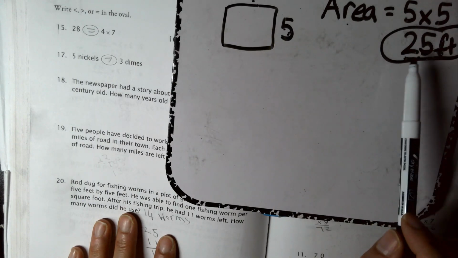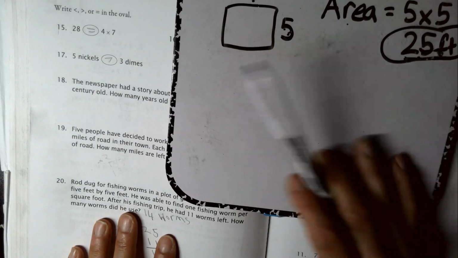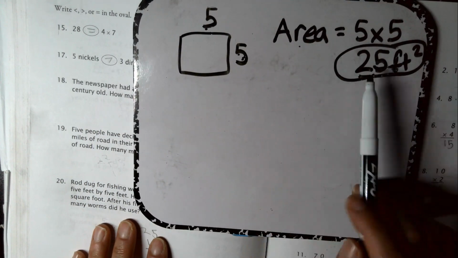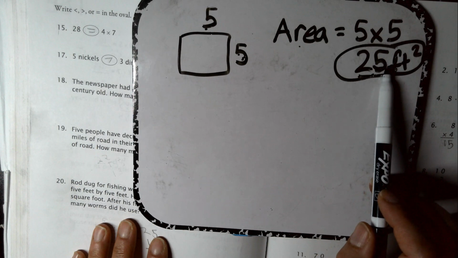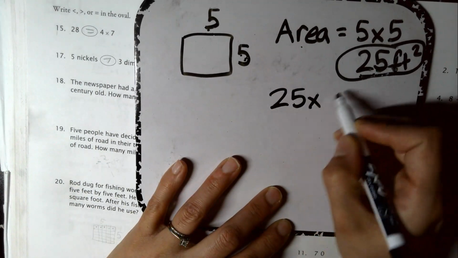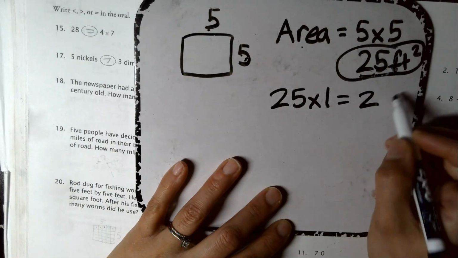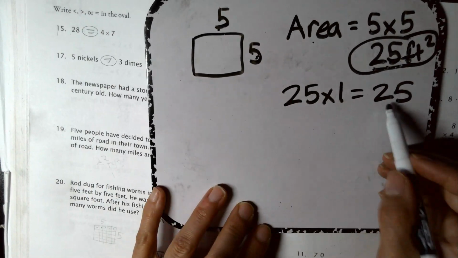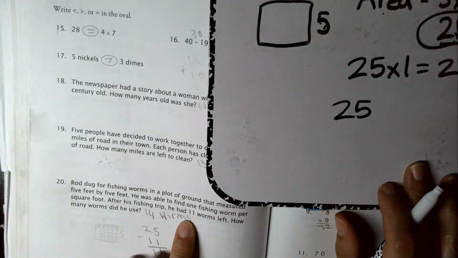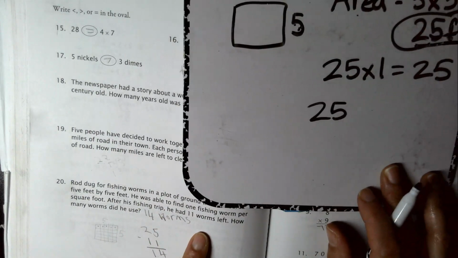So now we have our square feet for the entire area, and we know that per each one of these square feet he was able to find 1 worm, so it's 25 times 1, and that's just 25. So he found 25 worms, and then it said he had 11 worms left after his fishing trip.